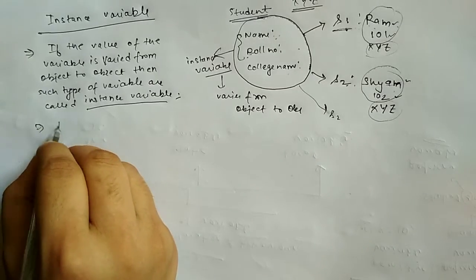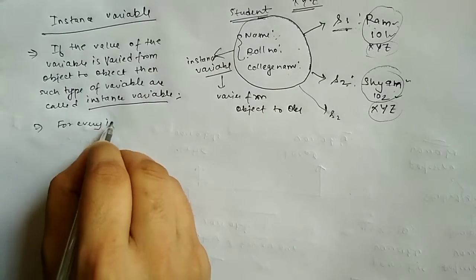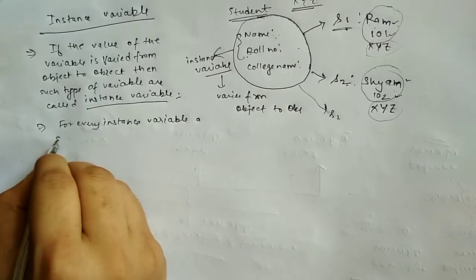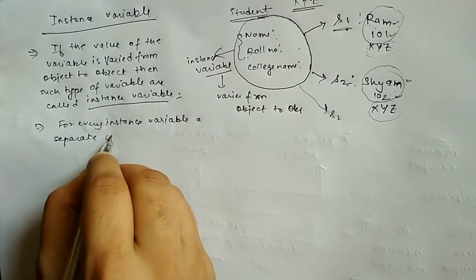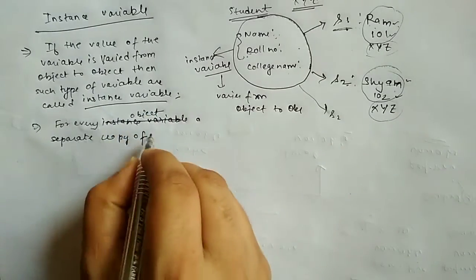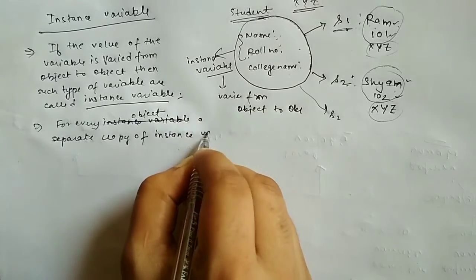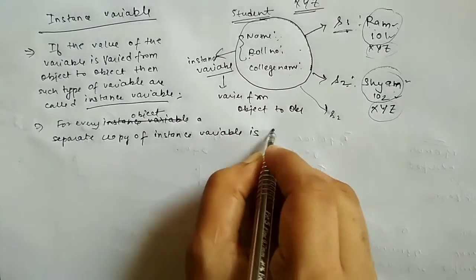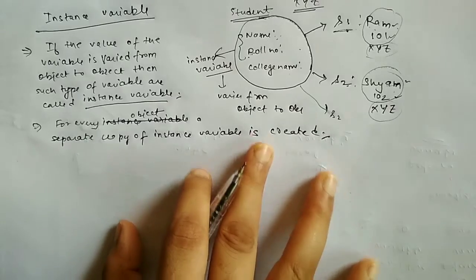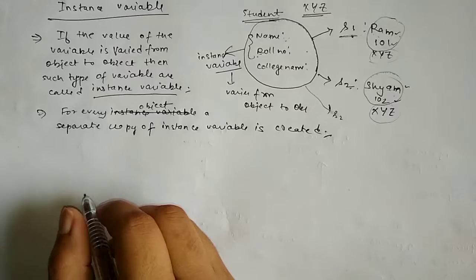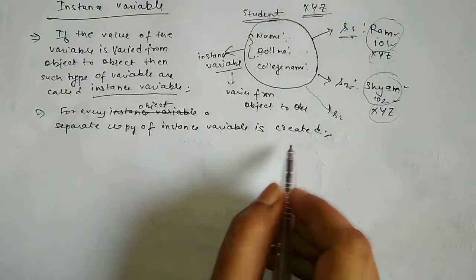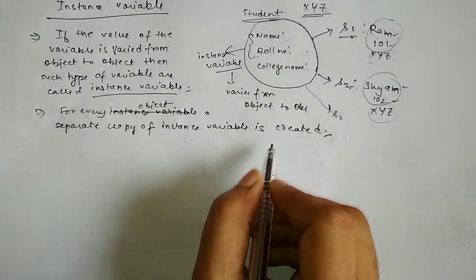What is the third point? For every object, a separate copy of the instance variable is created. So we know that for every object a separate copy of the instance variable is created.